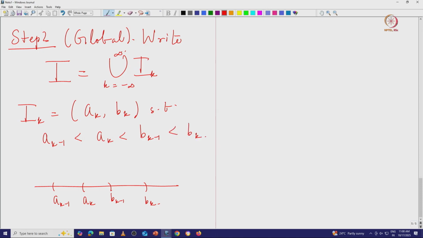Because this ensures that these two intervals intersect. So for instance, in this picture, this will be the intersection. All right, and then I put Jm to be the union of Ik from k equals minus m to m.